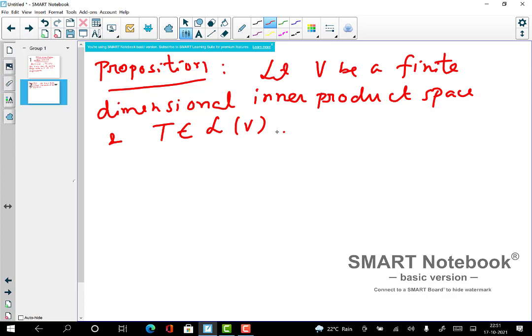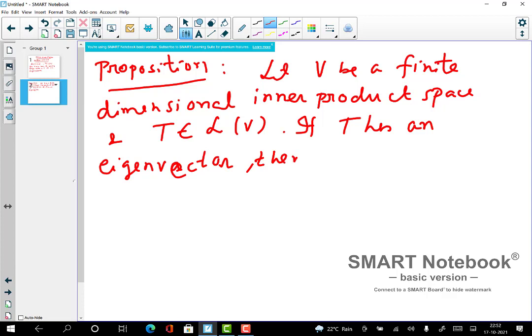then T star also has an eigenvector. How do we prove this kind of theorem?